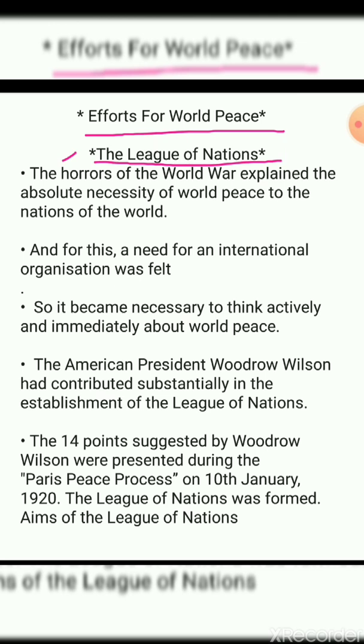So it was decided to make an organization which can work for world peace, and for that reason the League of Nations was made.